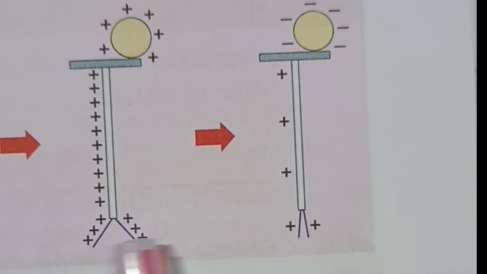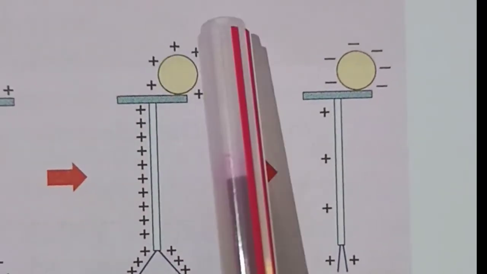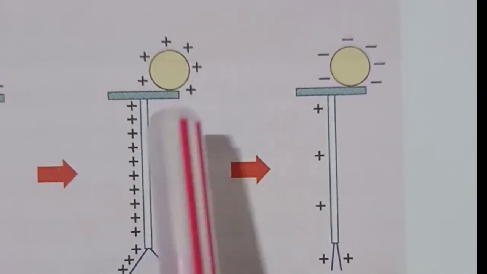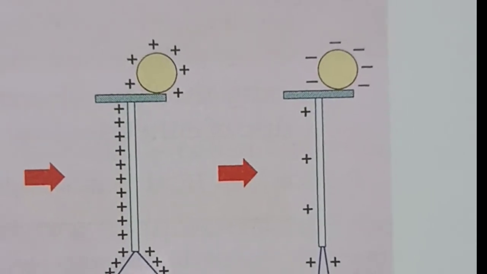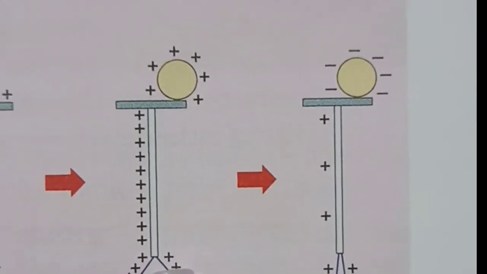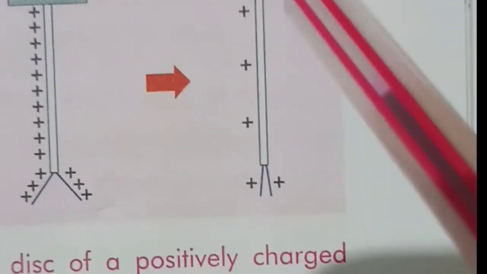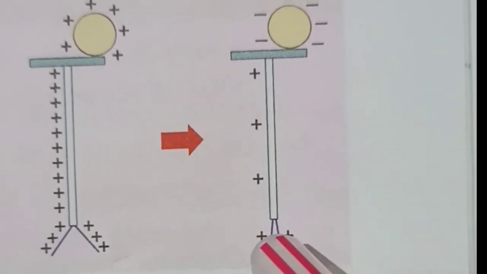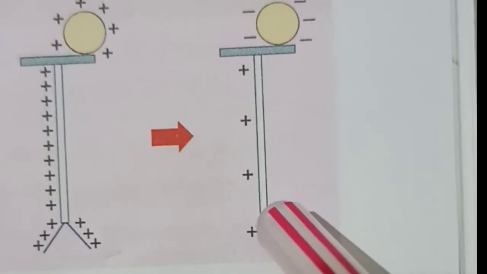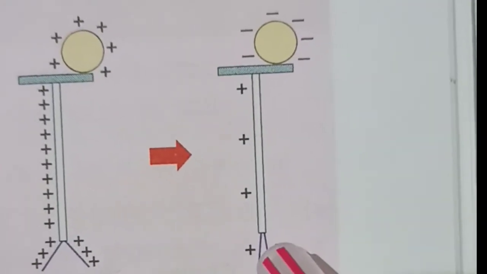If this divergence increases, we will understand that the body which we have brought and touched is also positively charged. Because with the same type of charges in these two leaves, repulsion takes place. But now suppose the body I brought was negatively charged. Opposite charge will come here, so some of the positive charges will get cancelled and the positive charge number will decrease, and so the divergence will decrease.